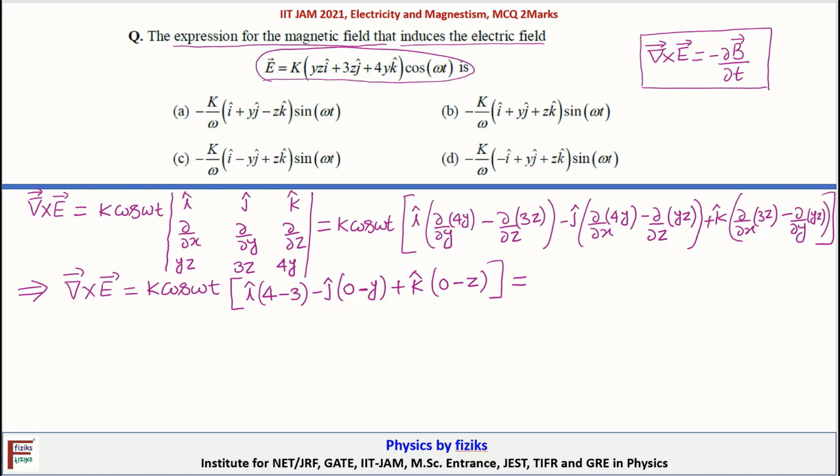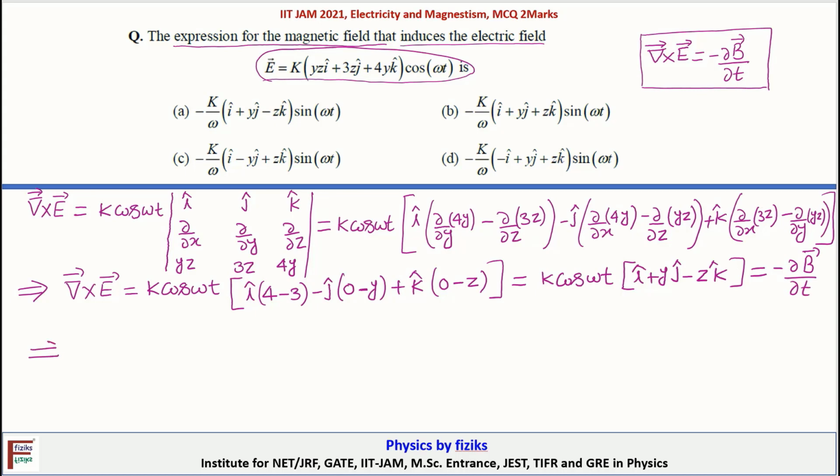Or this can be written as k cos omega t times i cap plus y j cap minus z k cap, and we can equate this to minus del B by del t.